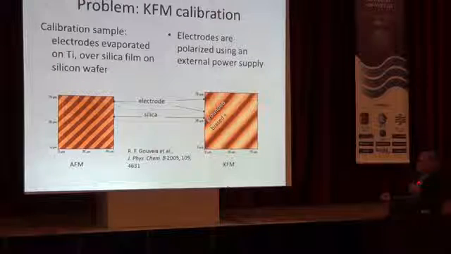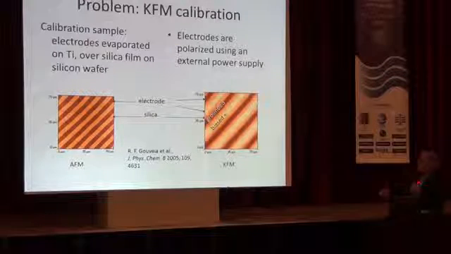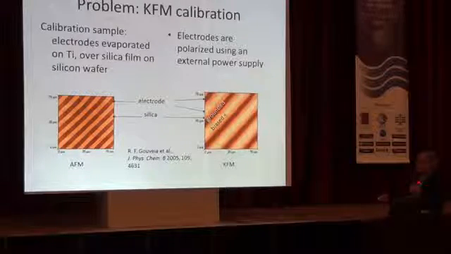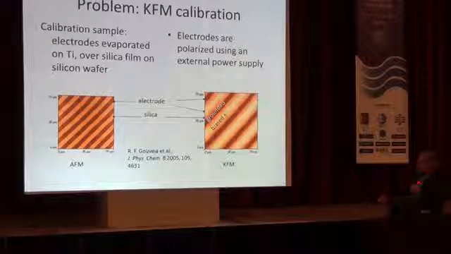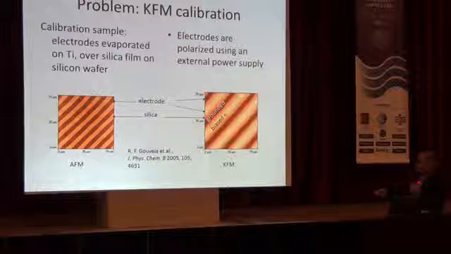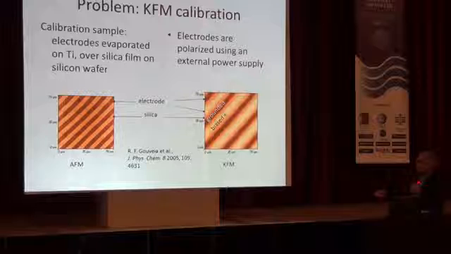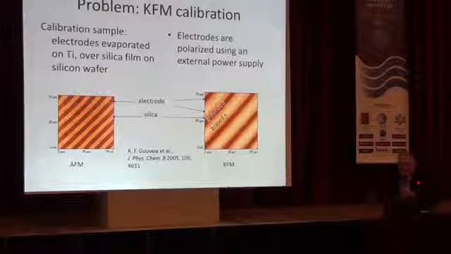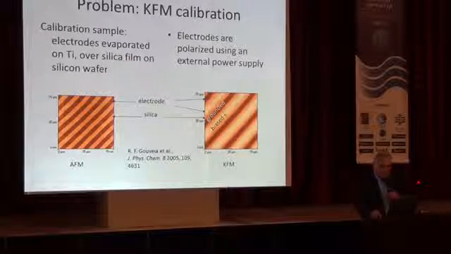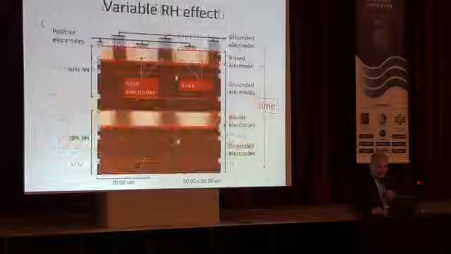When we apply positive potential to one set of stripes, they become bright, as you can see in this image, and here are the grounded, or the negative set of electrodes. And that's the insulating silica, built on a silicon wafer.